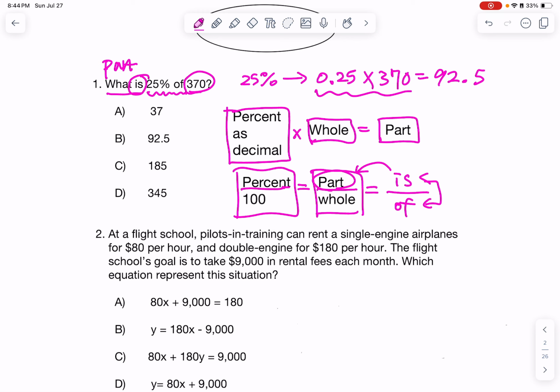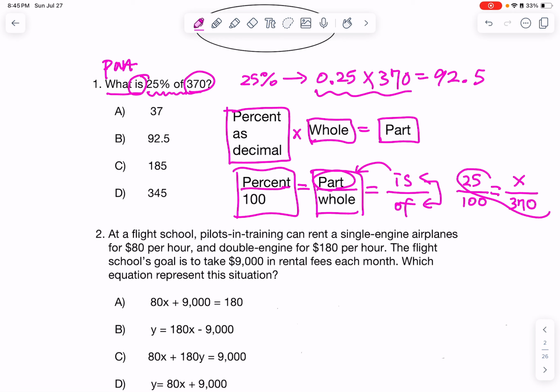So from this problem, 25% as a fraction, 25 over 100, should be equal to the part, which is the "is." That's the missing part, so I can replace that with x over the whole number, which is represented by the word "of." So "of 370" represents the total whole number.